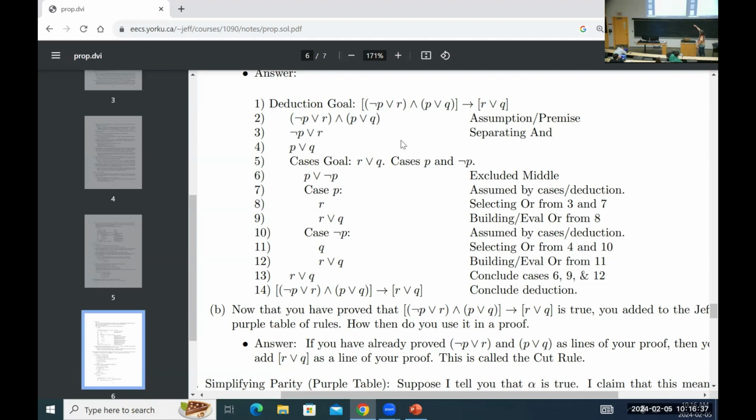So here I'm saying, let's look at case P. So when I say case P, right, I'm automatically saying, see, line 7 says we're assuming it, right? How are we assuming it? It's kind of deduction. Remember what we want to prove: that if it's case P, then we get what we want, right?